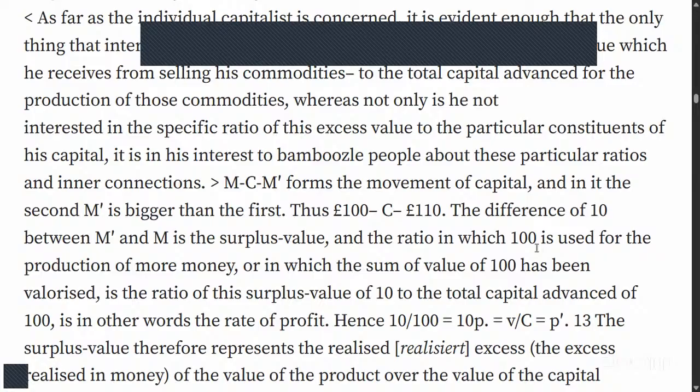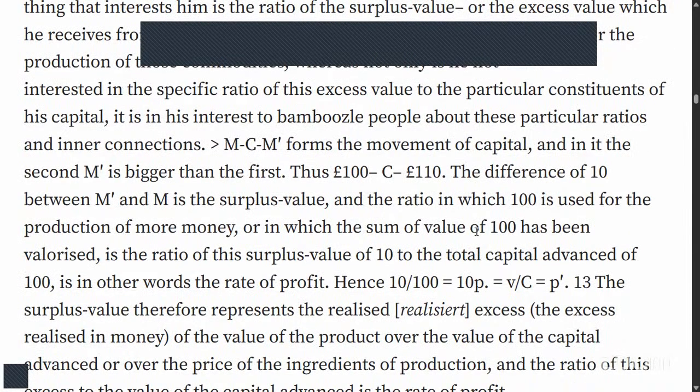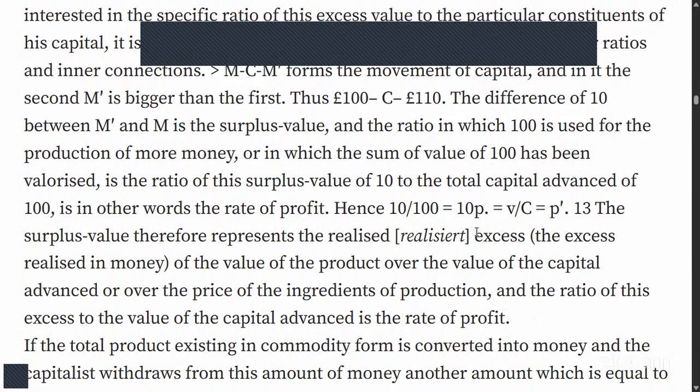The surplus value, therefore, represents the realized excess, the excess realized in money, of the value of the product over the value of the capital advanced, or over the price of the ingredients of production. And the ratio of this excess to the value of the capital advanced is the rate of profit.